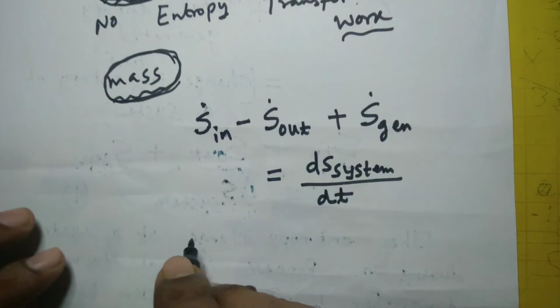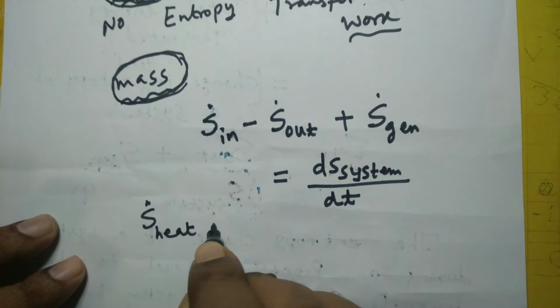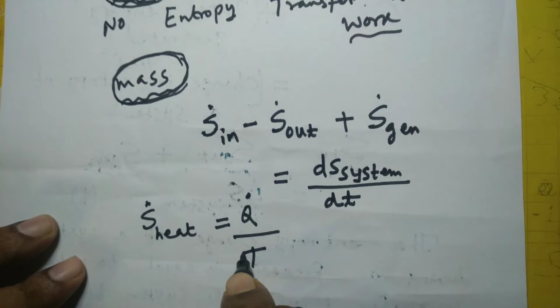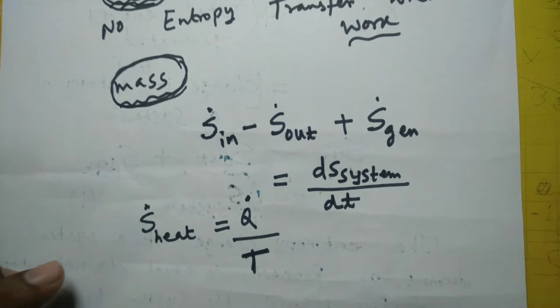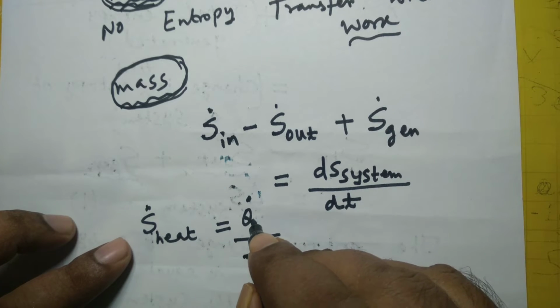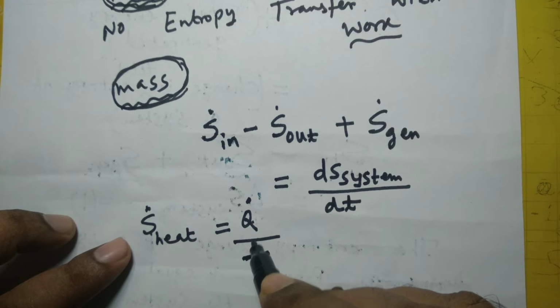So S dot of heat you can write is equal to Q dot divided by T, because S is only Q by T. In rate form, that will be S dot is equal to Q dot divided by T.